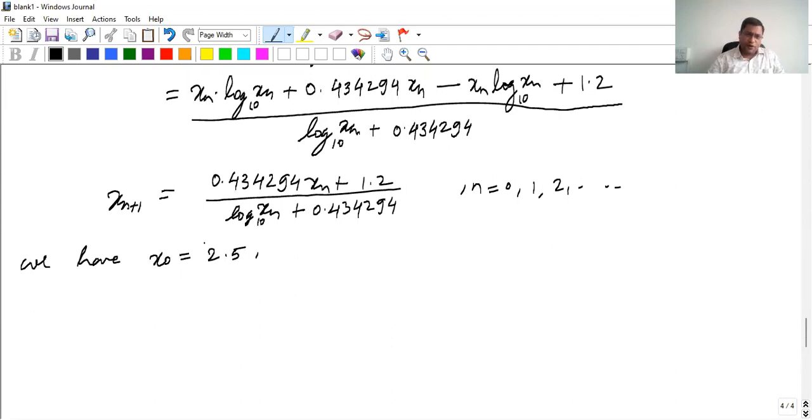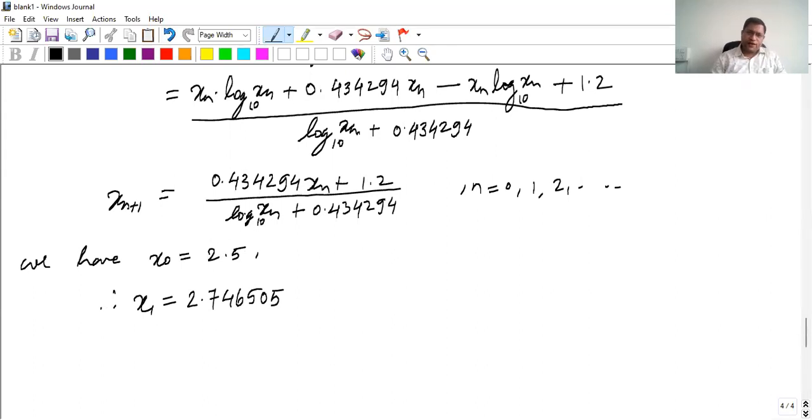The value of x we have to put as 2.5. So x1 is equal to, if we put 2.5, then we are able to get this term as 2.746505.